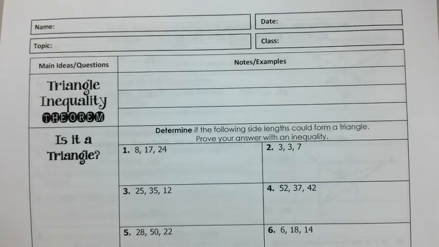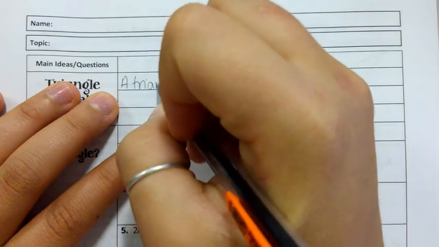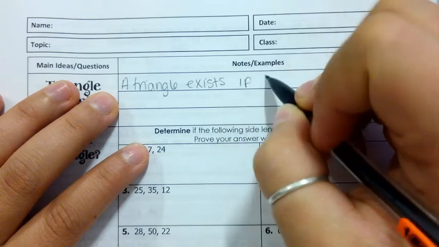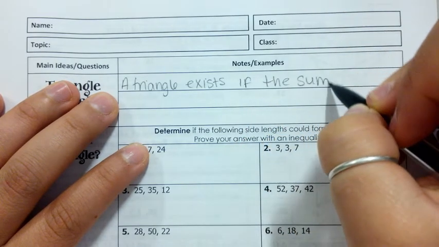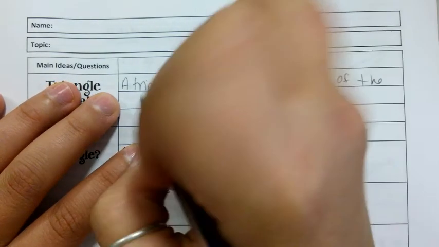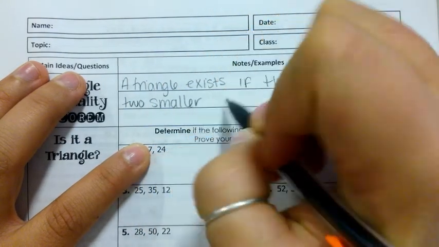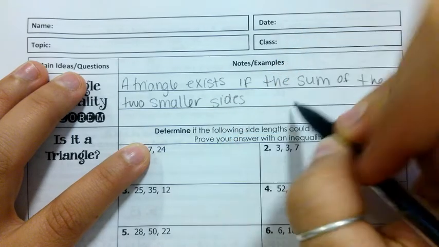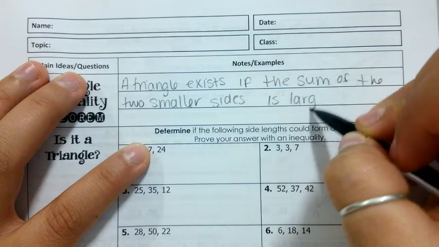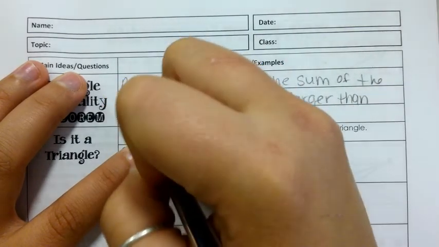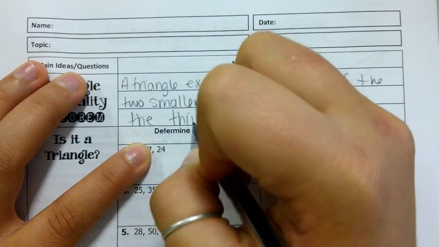Okay, today we're going to talk about the triangle inequality theorem. So a triangle exists if the sum of the two smaller sides is larger than the third side.